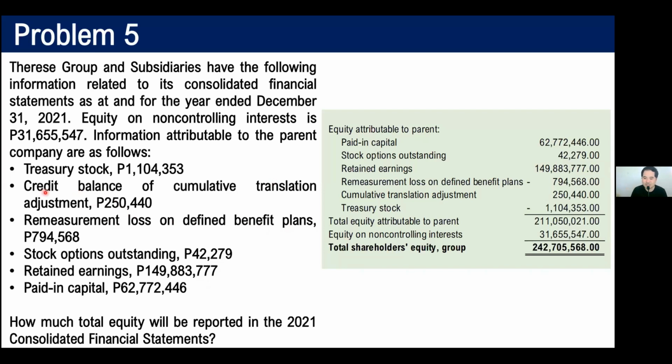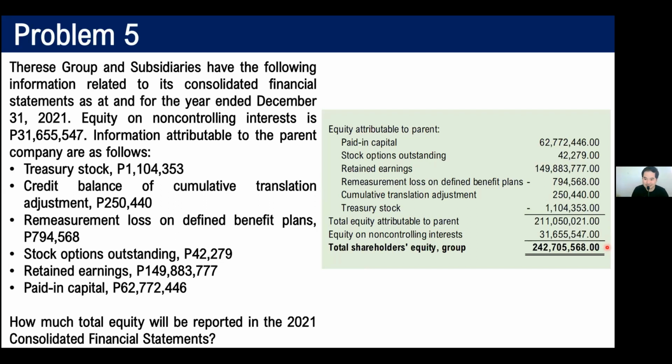Okay? So pa-add siya. 254.40. Treasury stock at cost, alam nyo naman na yan, dinededuct natin yan sa equity, negative 110,4,353. So attributable to parent is 211,50,21. Add nyo po si equity on non-controlling interest na 31,655,547 kasi ang tanong po sa inyo, Conso FS. So the total shareholders equity of the group is 242,705,568. Okay? So yun po yung ating problem 5.